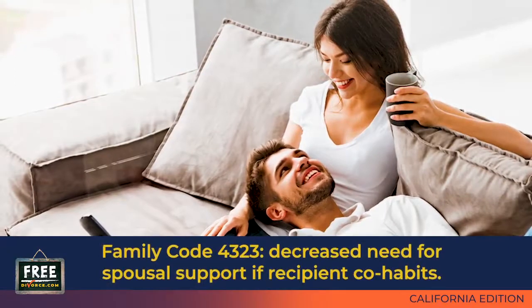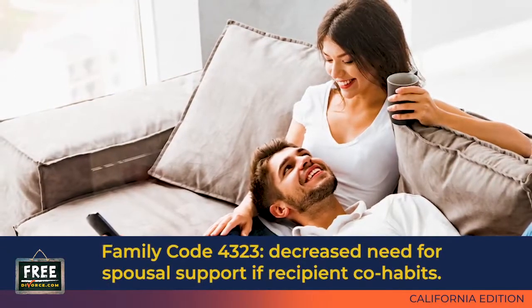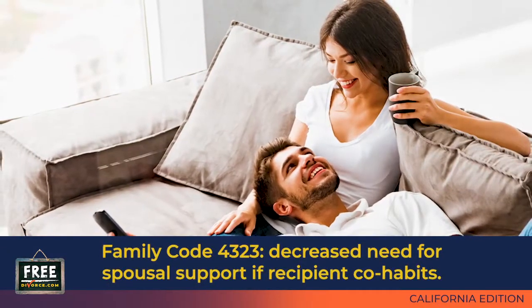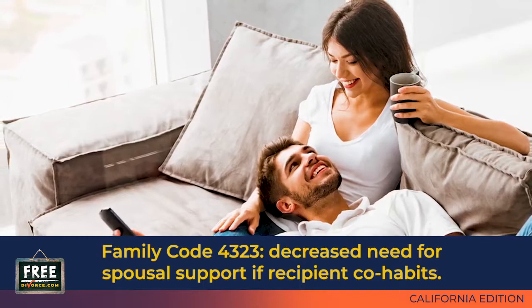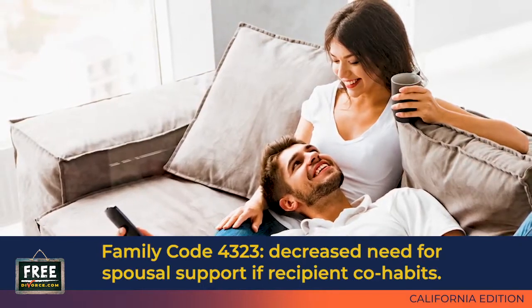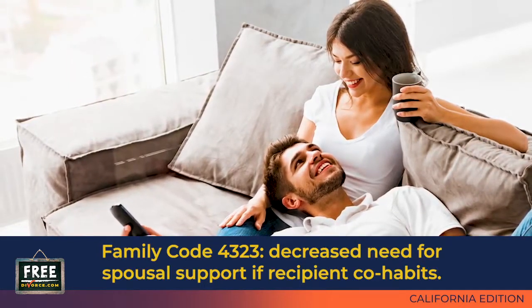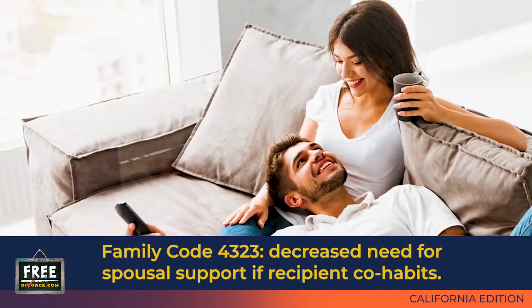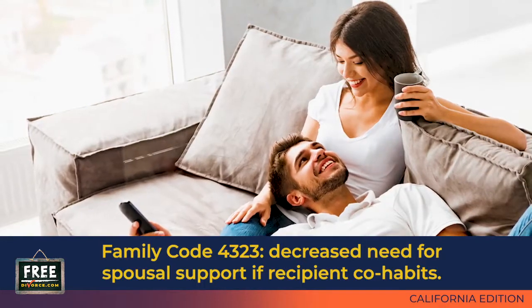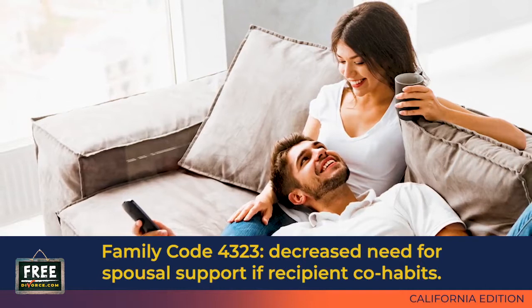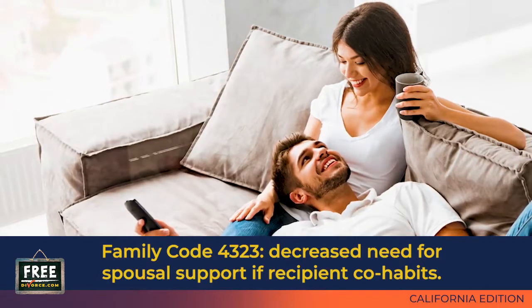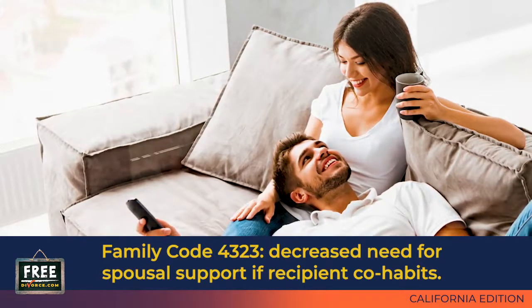As set forth in Family Code Section 4323, if the supported party is cohabiting with a non-marital partner, and the court determines that circumstances have changed, the court may modify or even terminate spousal support. If the wife had married her boyfriend instead of just cohabiting, the spousal support would have terminated automatically by law.